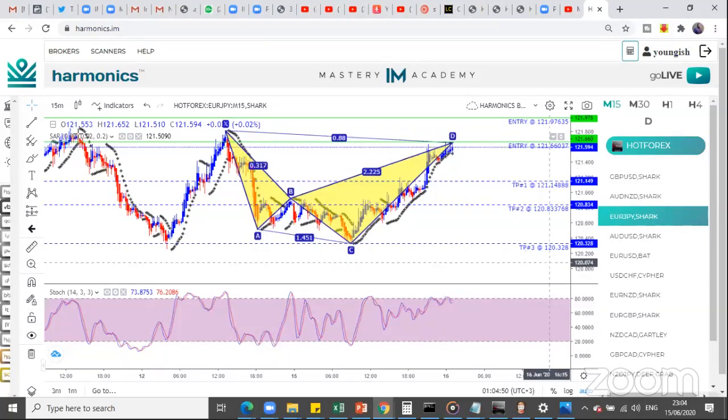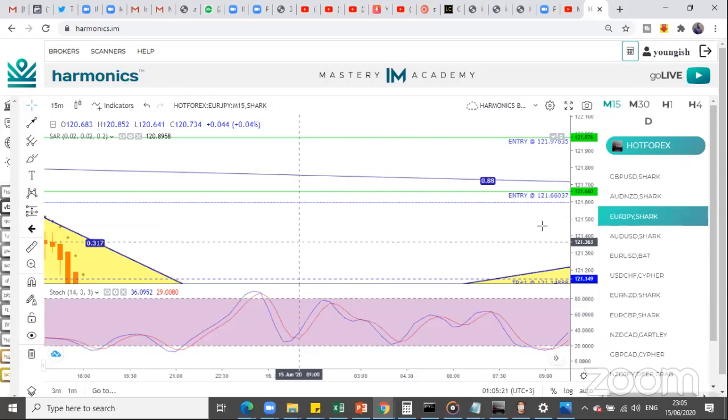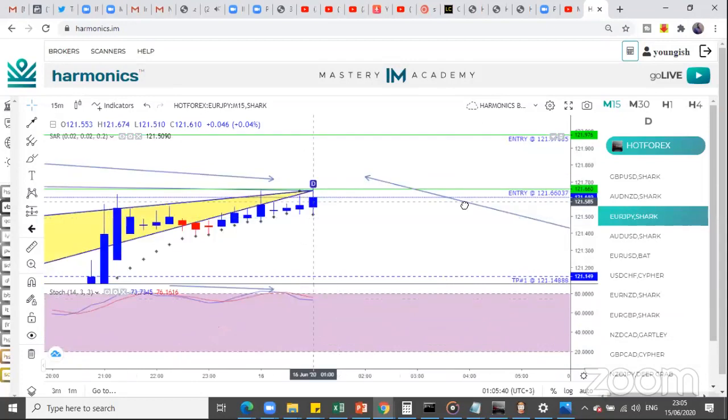You can see that the parabolics are turned up. And when it turned up, it gave you a red full candle. So this is the kind of candle you want to see. It means momentum, okay? So once you see that kind of candle, we're going to go in. So Euro JPY is on our radar. AUD card is on our radar. Let's go to AUD USD. AUD USD is on our radar too, guys.